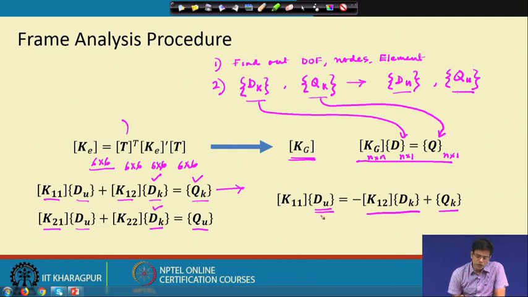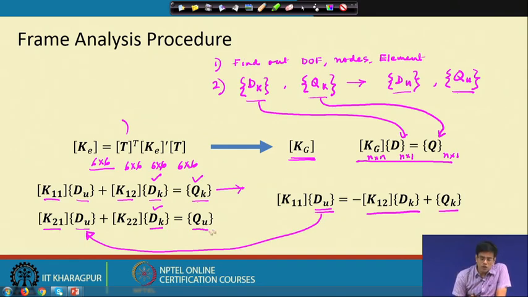Once you find out the du, you plug this information here. Then you use the second equation to find out the unknown forces. So, this procedure becomes very simple and very well established to us, because we have already used it.